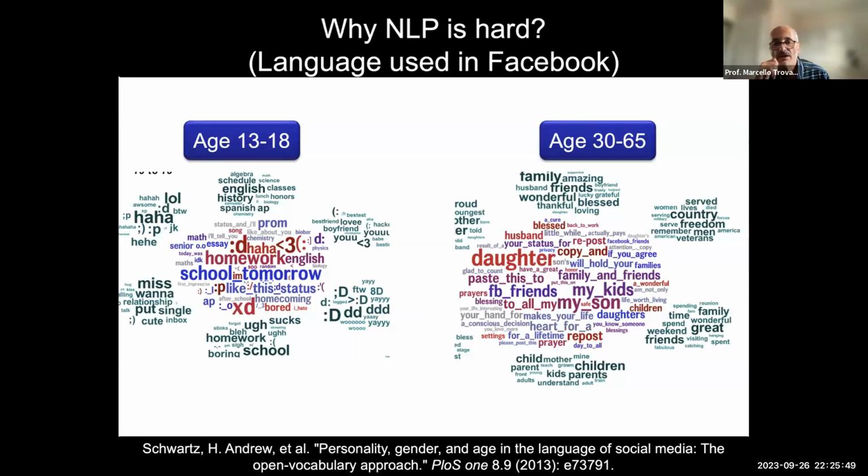And so if you do a word cloud of the type of language used on Facebook, you see that depending on the age, the words differ by a great deal.